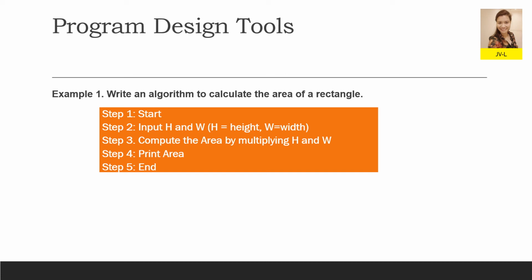That's the question. Now, for instance, if the value of H is 2 and the value of W is 3, we are now going to multiply them. Then the result of the computation will be caught by the variable area. Then it will be displayed. Then it will go to step number 5, which is end.